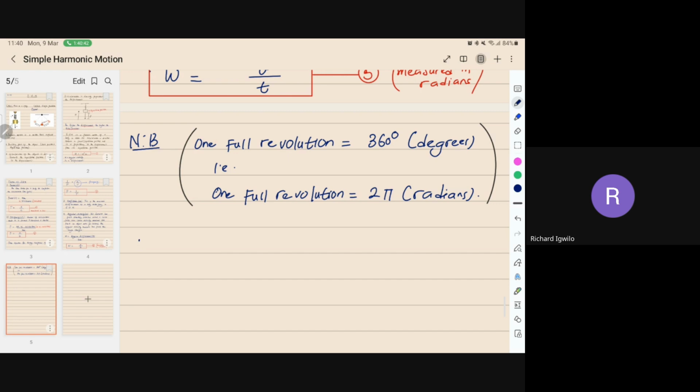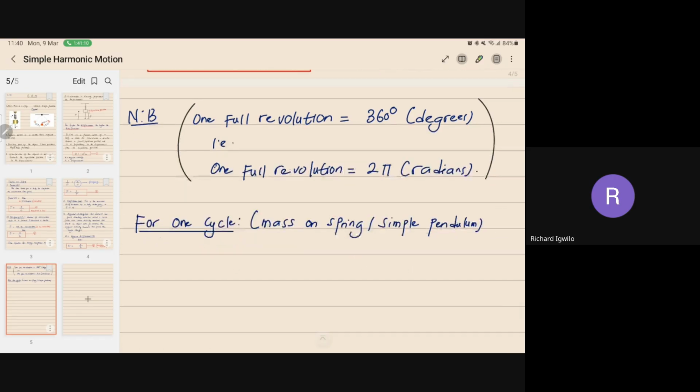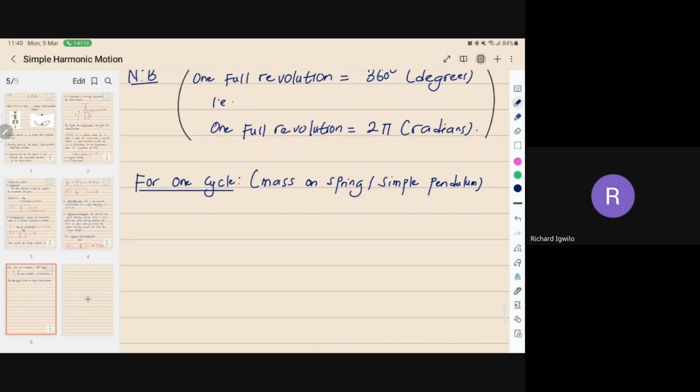So for one cycle, for both cases, for your mass on the spring and your simple pendulum, what that implies is that we have that theta is equal to what? 2 pi.